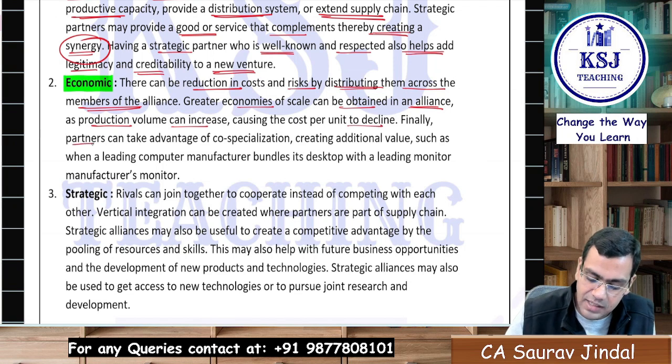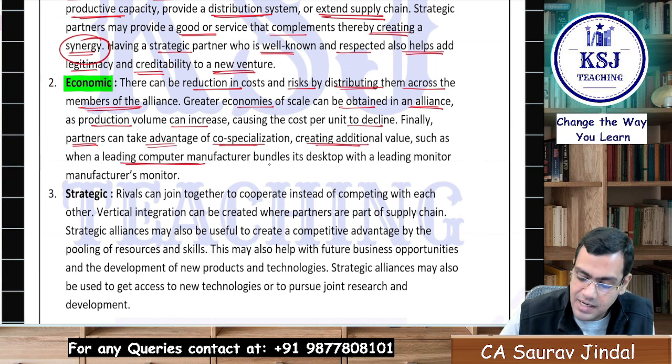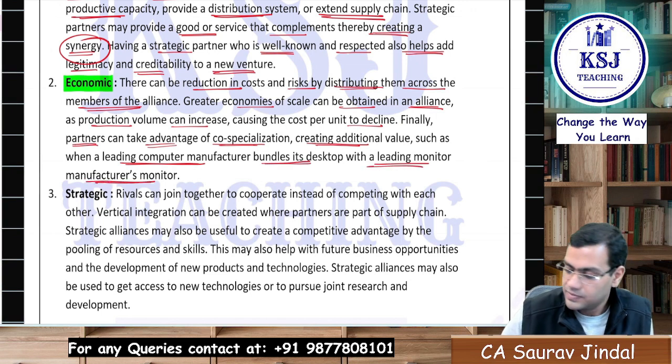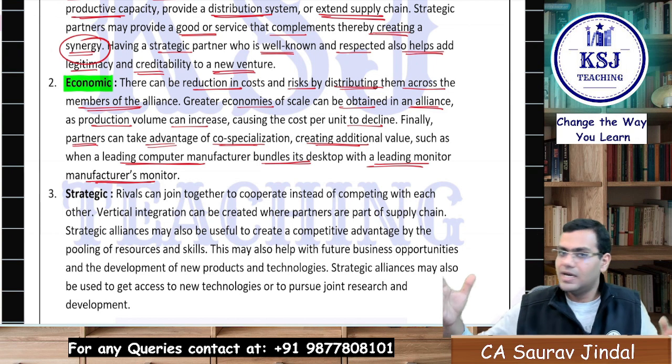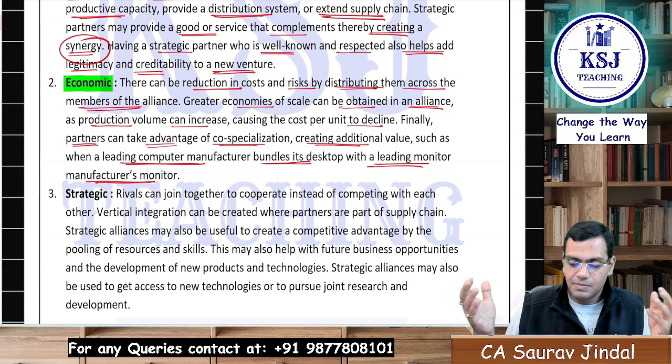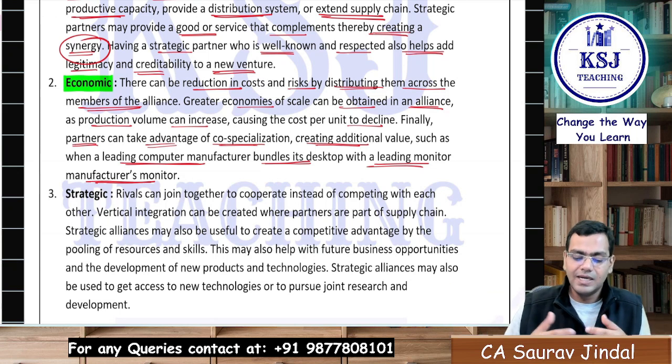Finally, the partners can take advantage of co-specialization, creating additional value, such as a leading computer manufacturer bundling its desktop with a leading monitor manufacturer. Right? For the desktop, you need a monitor. So this computer manufacturing company makes a strategic alliance with the monitor manufacturer, saying let's join hands and sell the things together. Right?